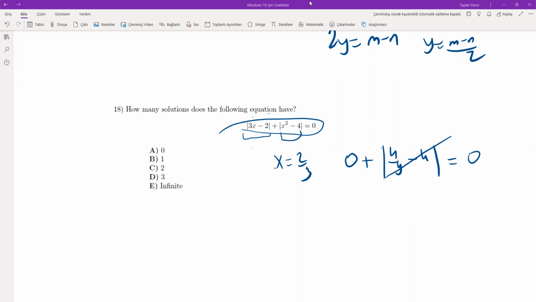Just tell me what you think, right or wrong. So, if the sum of two absolute values is 0, then they must both be equal to 0. But I can't have an x value making both of them 0. So 0. Okay, very well.